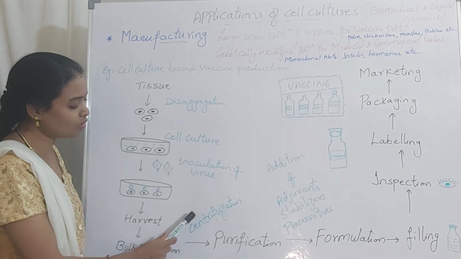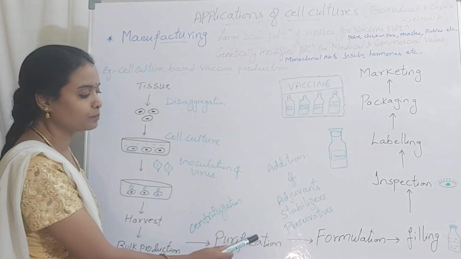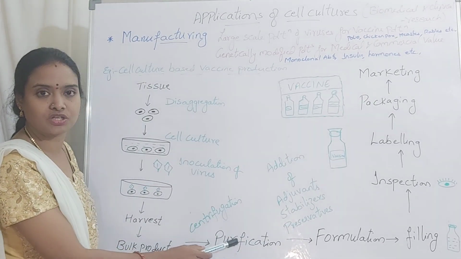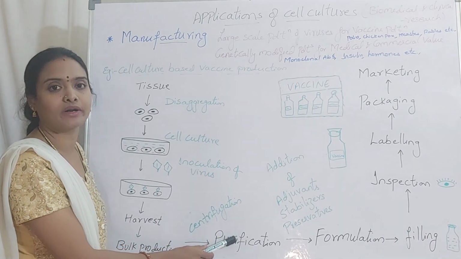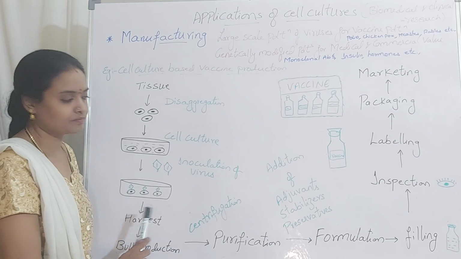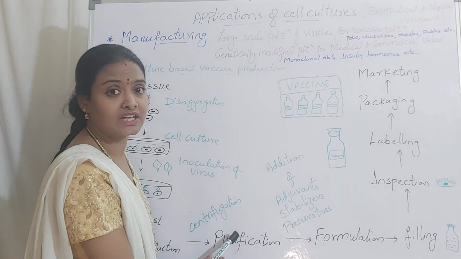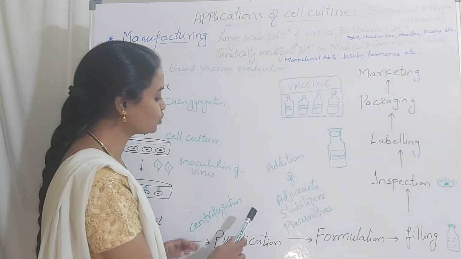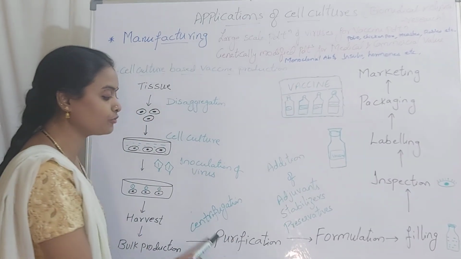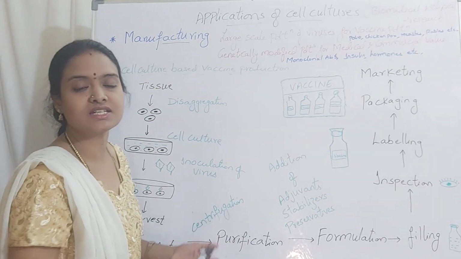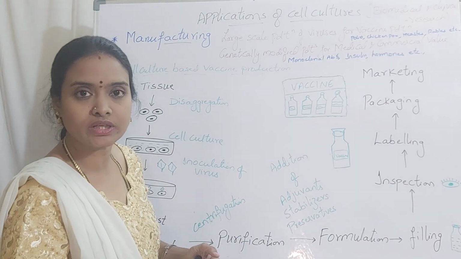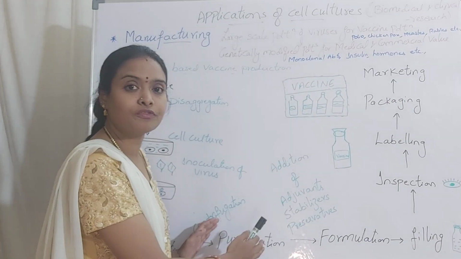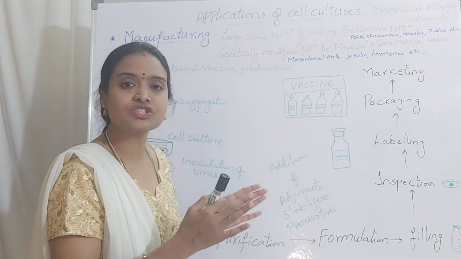Right? Now after that you go for the purification process. You purify the required product from the cells. After purification, you don't want the purified product to change its form or its activity, so you need to maintain it in an unchanged manner.